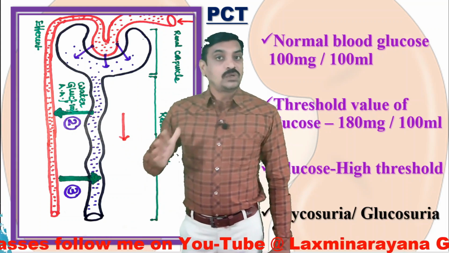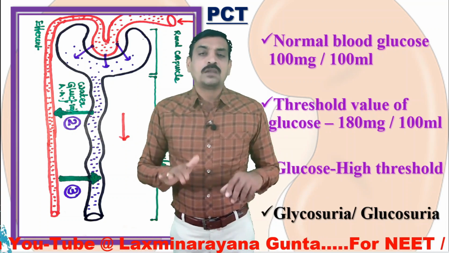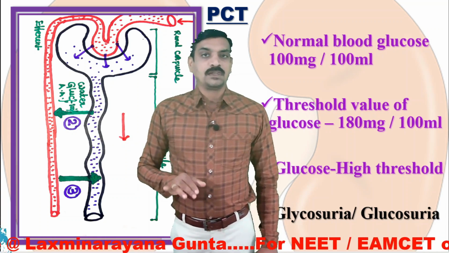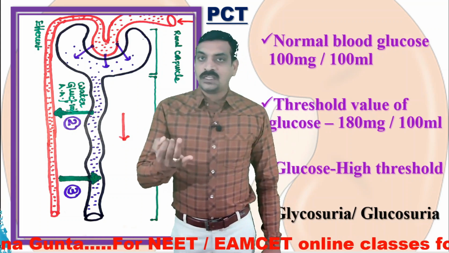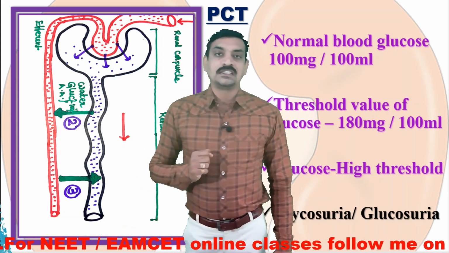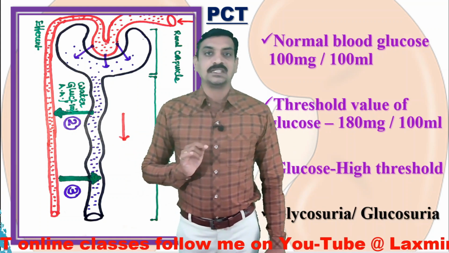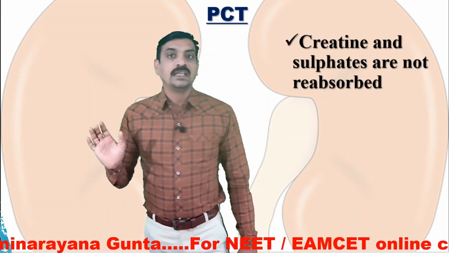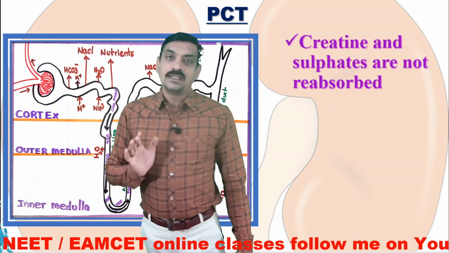And a threshold substances, where a means no, are not at all reabsorbed by the peritubular capillaries. The examples include creatinine, phosphate, and hippuric acid. Creatinine and sulfates are not at all reabsorbed by the peritubular capillaries.